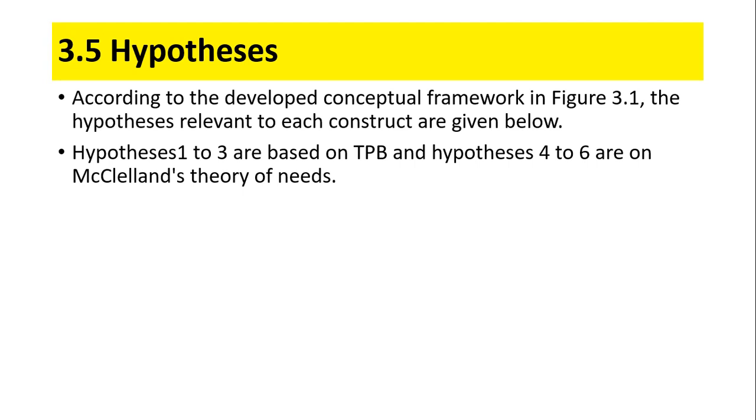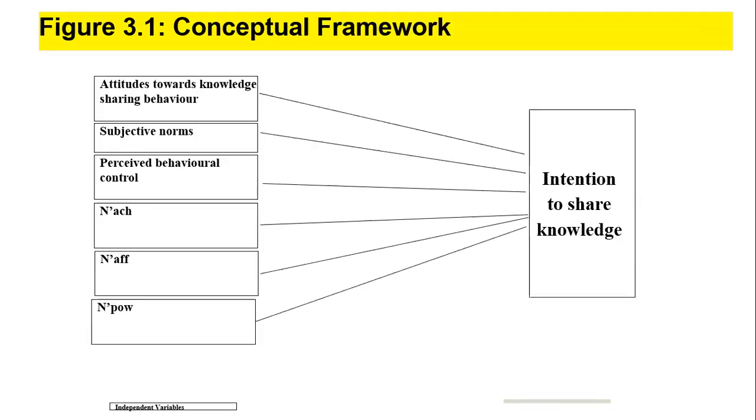The particular researcher has developed 6 hypotheses because there are 6 variables. So these arrows you can name H1, H2, H3, H4, H5, H6. The first one, H1, is the attitude towards knowledge sharing behavior and the intention to share knowledge. H2 is the subjective norms and the intention to share knowledge.